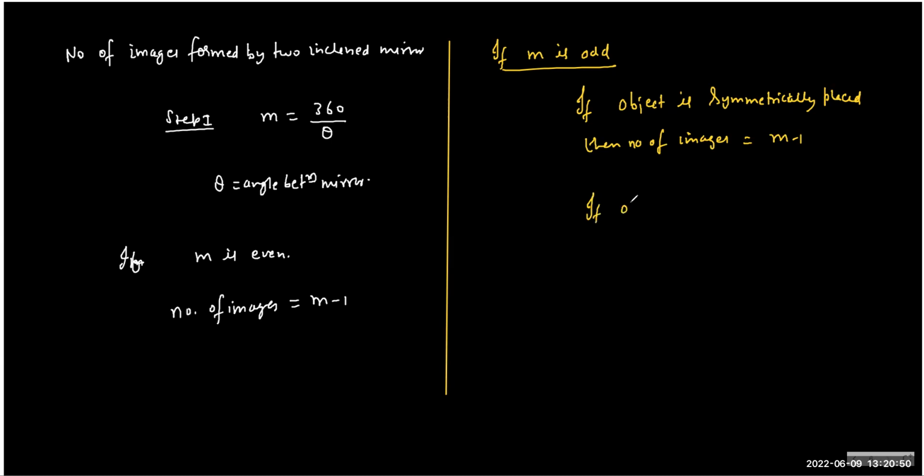If the object is asymmetrical, then the number of images will be M. If it is asymmetrical, you can take the odd number as the answer.